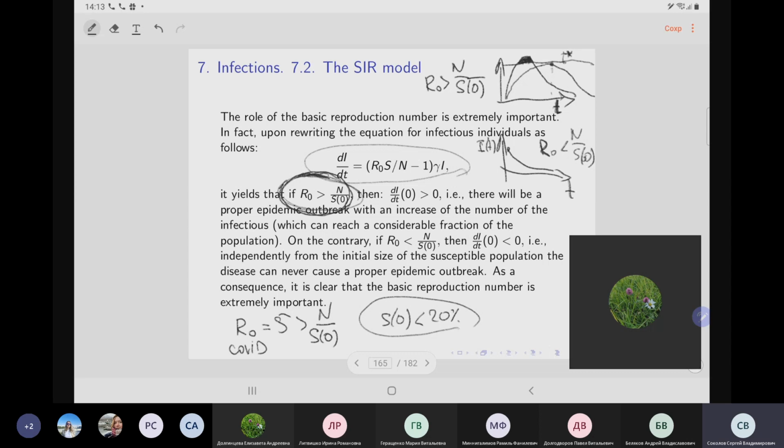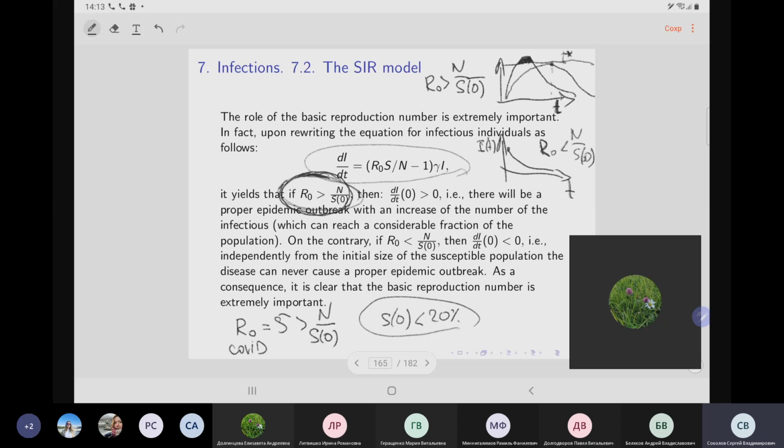So that was the main idea of our officials, to decrease the peak of the infected number below the possibilities of our medical system. That's the main idea of this analysis.